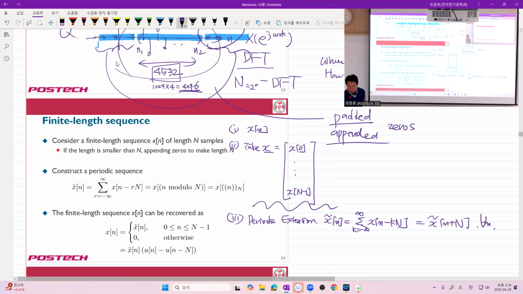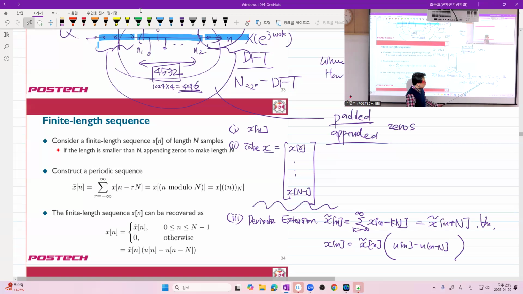By the way, how can you obtain the original signal from x tilde? You multiply a window function w defined as u of n minus u of n minus capital N. By the way, this u of n is the unit step function, which takes value 0 or 1.